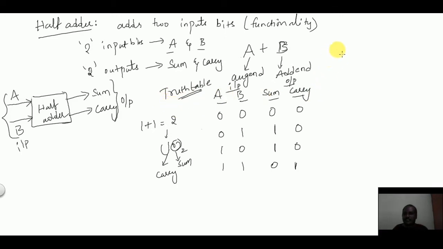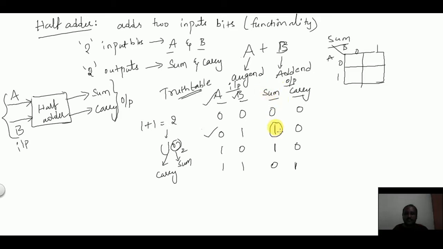Next, using K-maps, we have to obtain the simplified output expressions for sum and carry. First, for sum, since there are two input variables A and B, I am taking a two variable K-map. Since we are taking SOP expressions, we take the combinations where the output is 1.